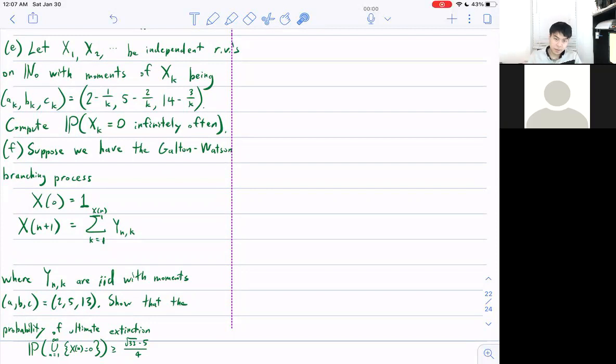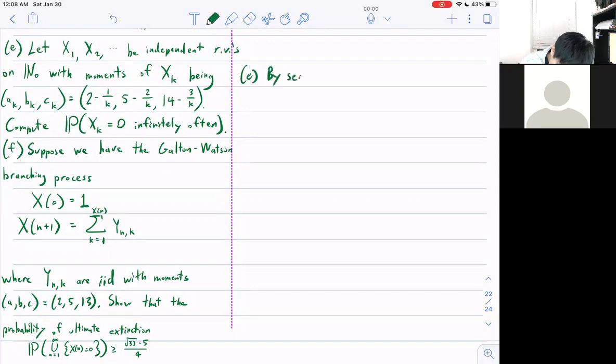So when you hear the terminology infinitely often, it should bring up ideas of limsup and everything like that. But it turns out this is actually a simple application of Borel-Cantelli. So we have, this is E right here.